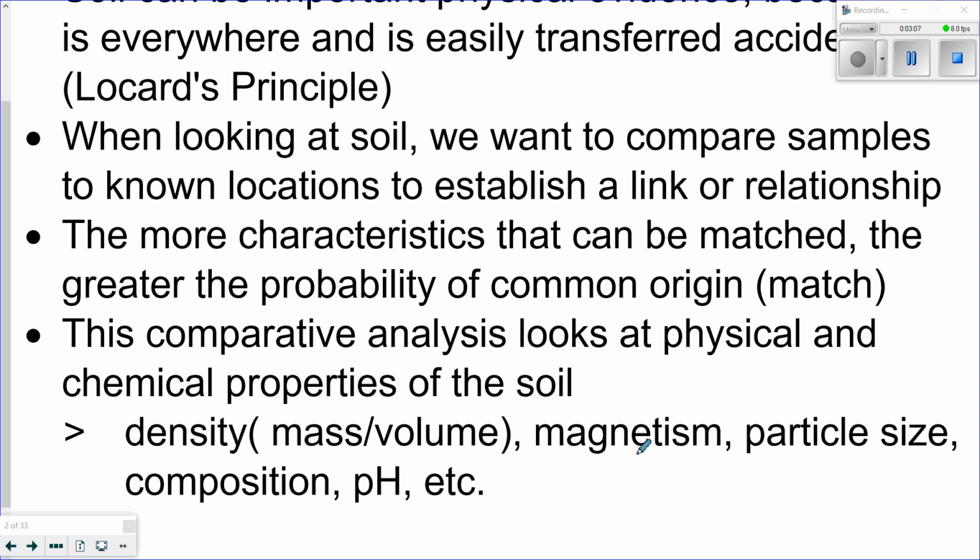Like if it is very rich in iron, it will have magnetic properties. The composition of the soil, what it's made of. So this might be the different elements it's made of, and if there's anything else contained within the soil, like roots, seeds, things like that. We can also test the pH of the soil. We can test the amount of nitrogen or phosphate and things like that in the soil as well, which are going to go along with those chemical properties.